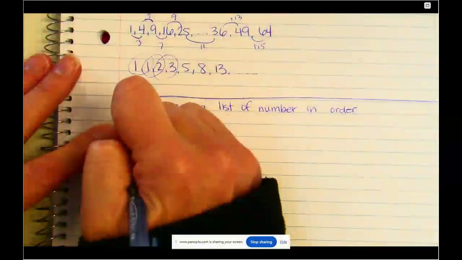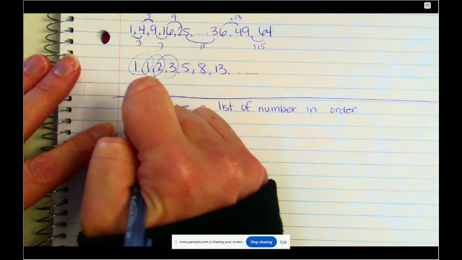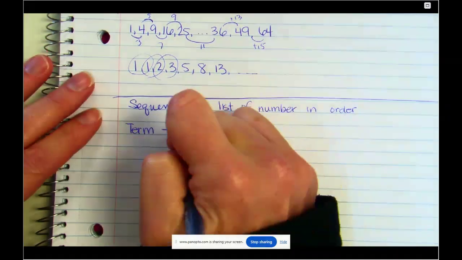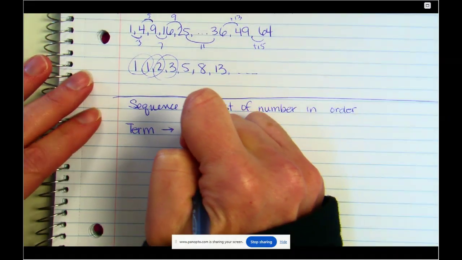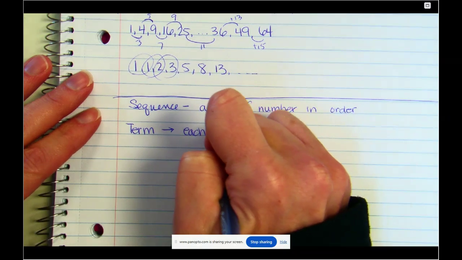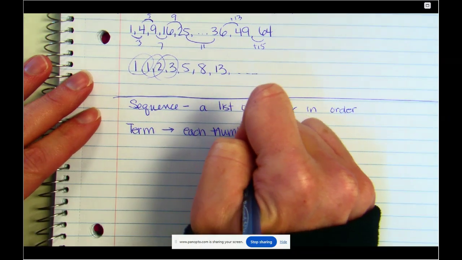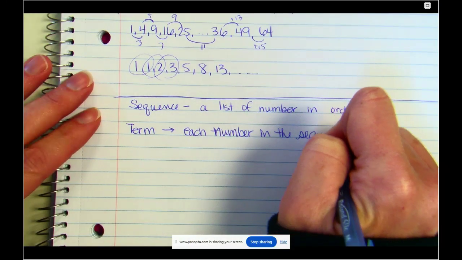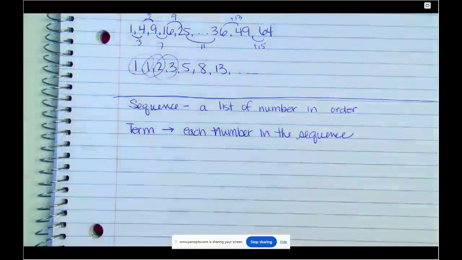Okay? And then a term is each number in the sequence. That's weird, because when we write down a word we say, okay, I've got a couple terms for you.